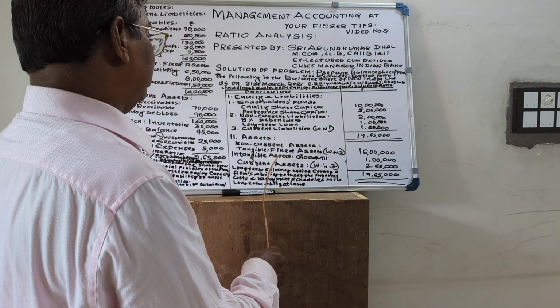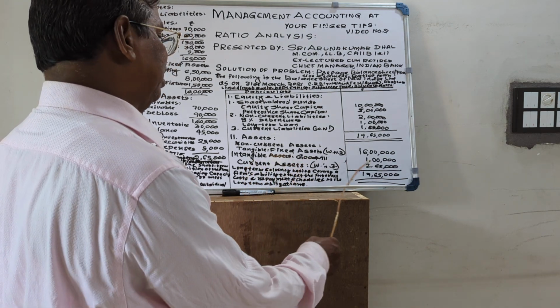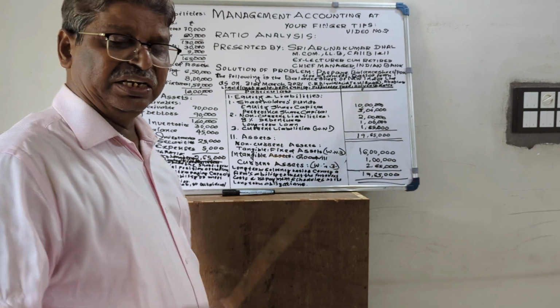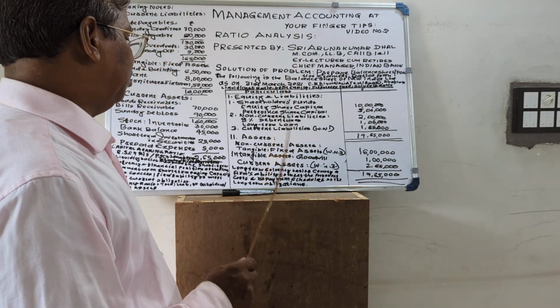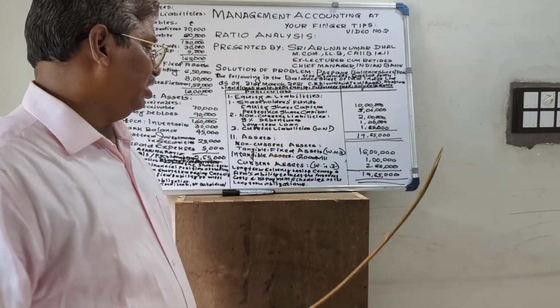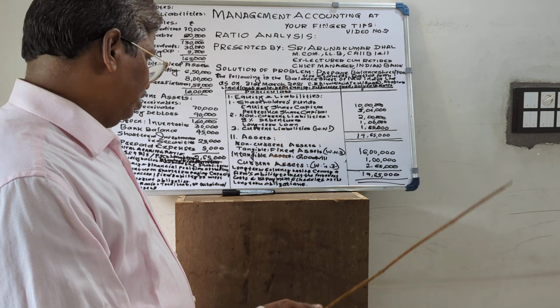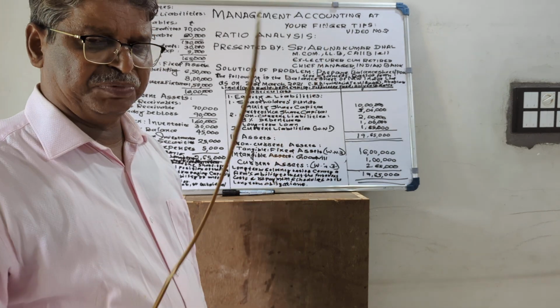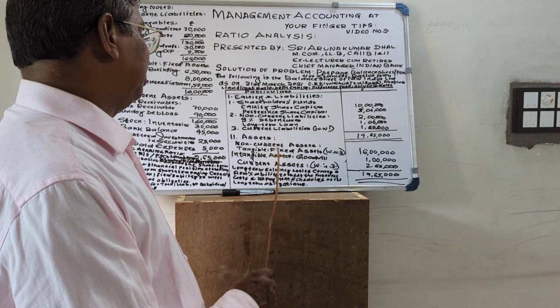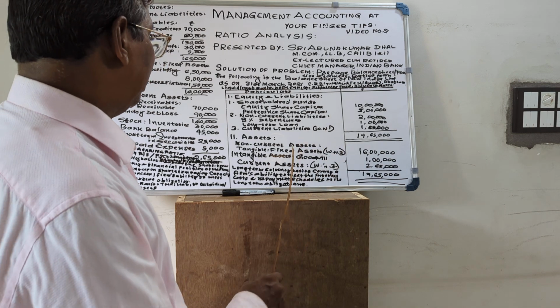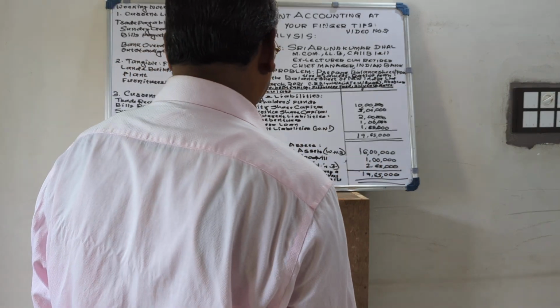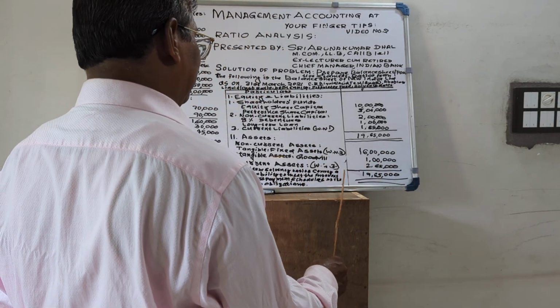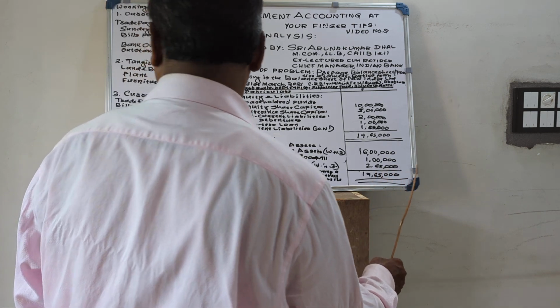Under intangible assets only goodwill is given, 1 lakh. Goodwill is the reputation or fame of a business concern. When a business runs for a longer period of time, it gains value, that is goodwill, 1 lakh.